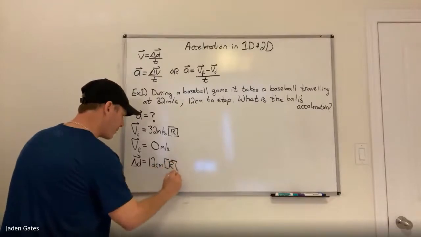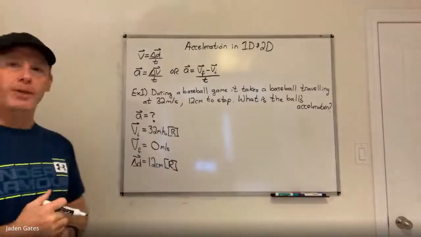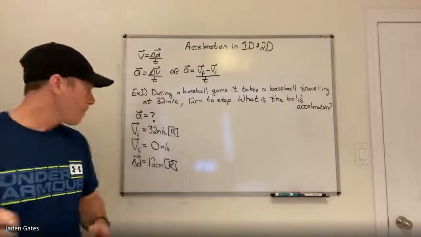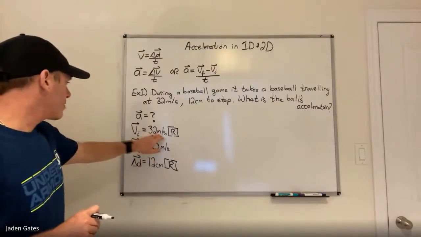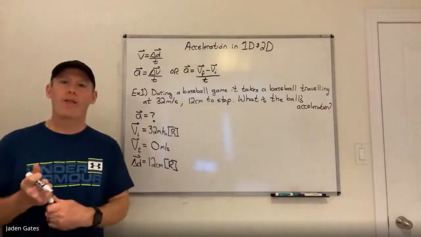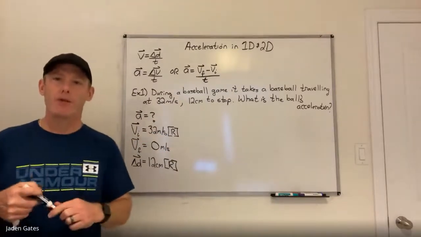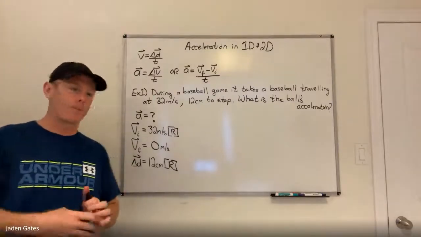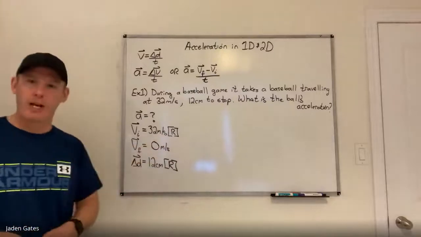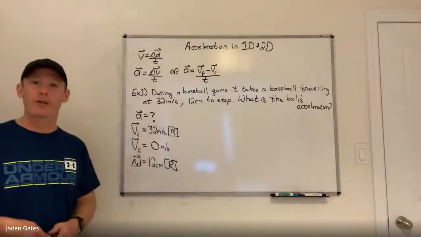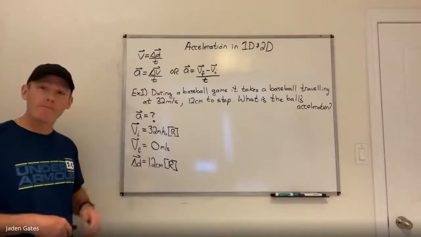All right, now here's something to watch out for when we are doing our equations, is that our VI is in terms of meters per second, but our distance is in centimeters. They must be in the same units, all right? We must have everything roughly in the same units. Now, I'm not talking in terms of our distance being in meters per second. It doesn't work like that. But if our velocity is in terms of meters per second, then our distance must be in meters.